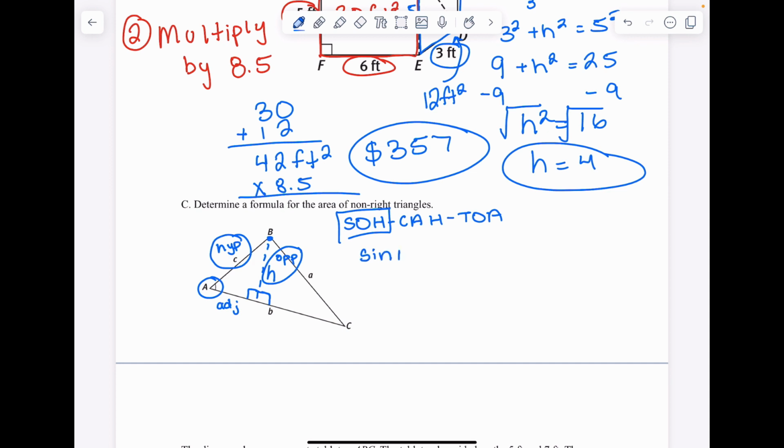So sine of angle A is equal to opposite over hypotenuse. The opposite is H, and the hypotenuse is C. And after I set up my trig ratio, I put a 1 under my sine and cross multiply. 1 times H is H, equal to C times the sine of angle A.